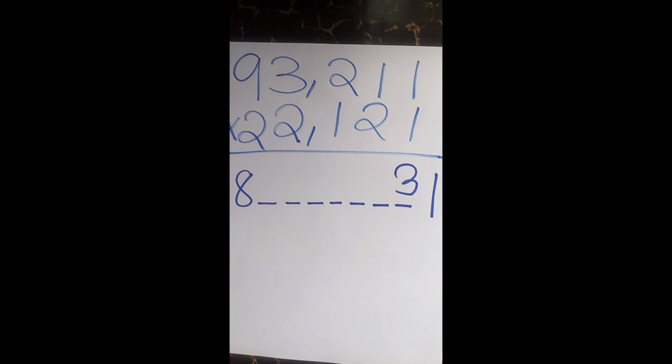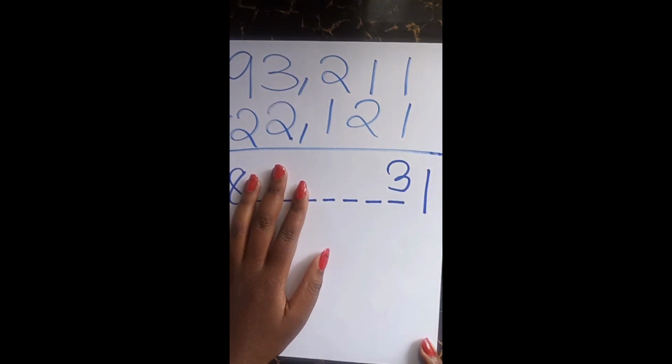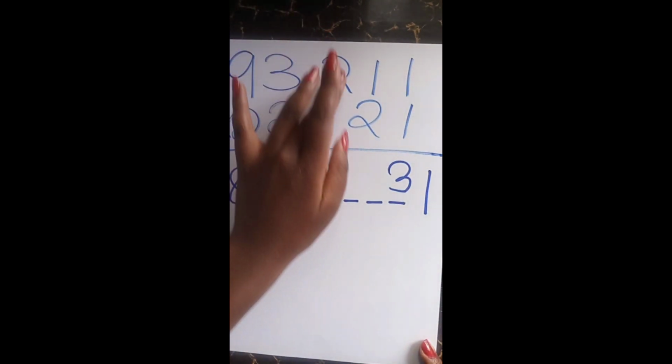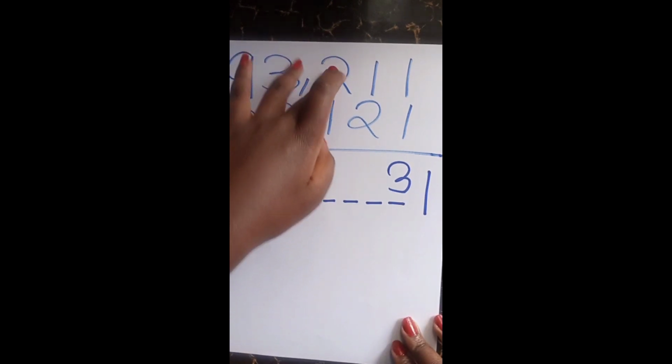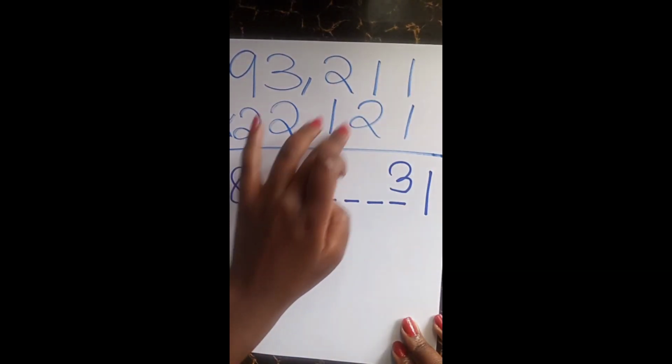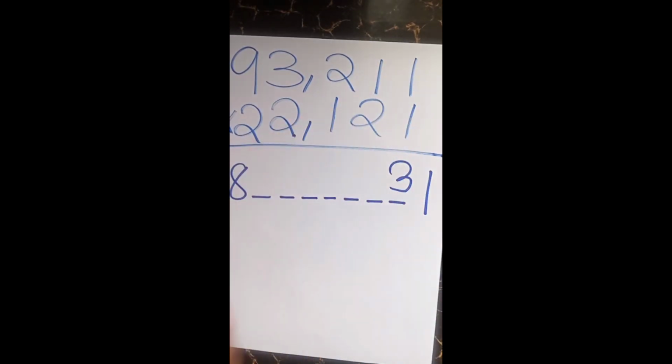Okay, yes. So the next step is to deal with the 3 digits. So we'll start dealing with these 3 digits over here. And when we are dealing with 3 digits, we said that we'll be multiplying the first digit with the last, and the last with the first, and the middle ones together. So what is 2 times 1? 2 times 1 is 2.